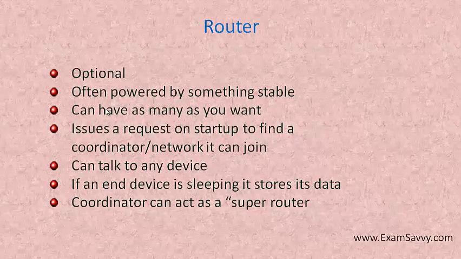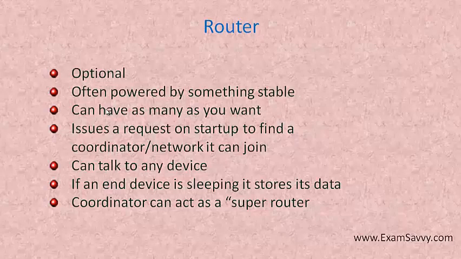Router. Router is optional. We can select a router or there is no need to select one. And in a network, you can use more than one router. It is up to our wish, so it can have as many as you want. It also issues a request whether to connect to the coordinator or network, at startup.